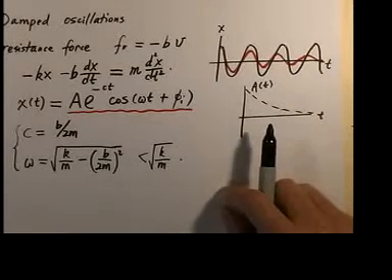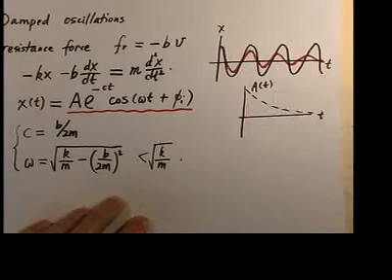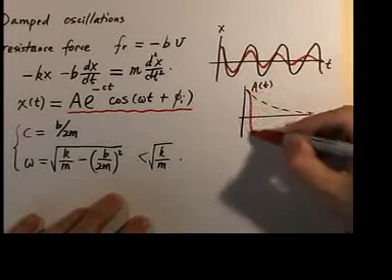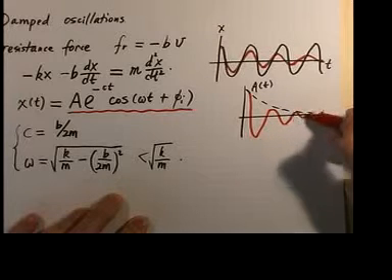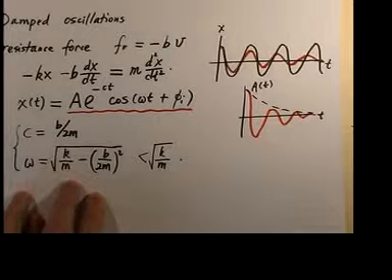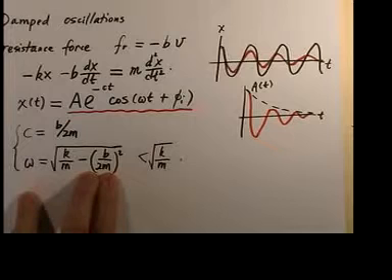So what does that tell us? If you want to sustain oscillation despite the presence of friction, of resistance like this, you want to make sure that omega remains a real number, which means k over m must be greater than the next term, b over 2m squared.